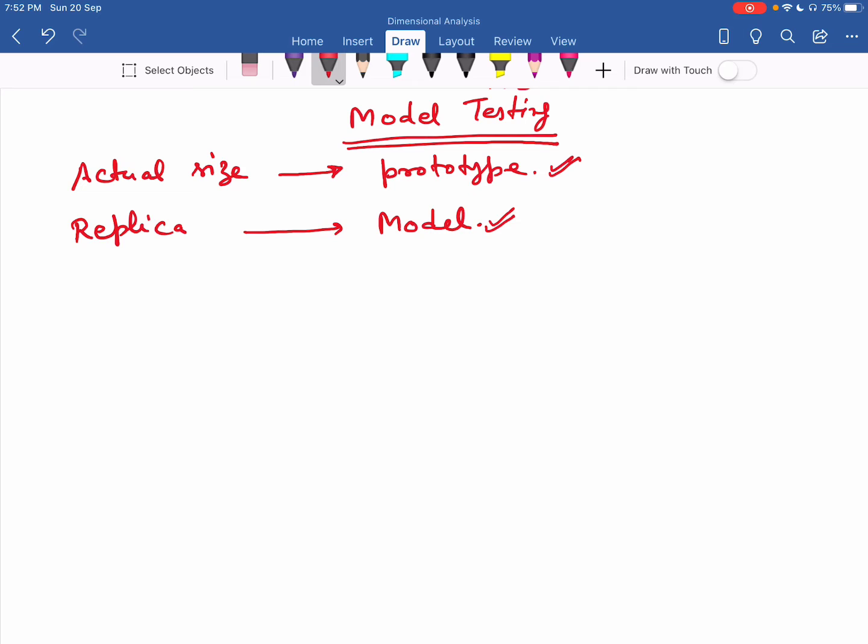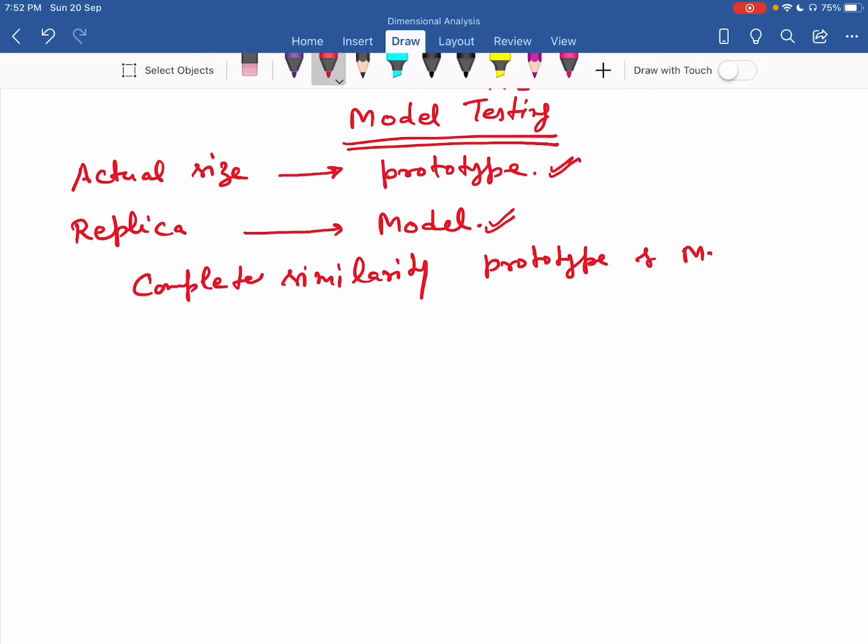Now, when is this prediction accurate? For the prediction to be accurate, there should be a complete similarity between the prototype and its model.